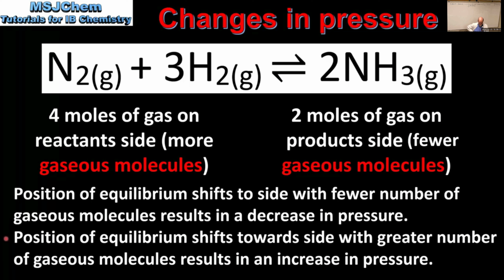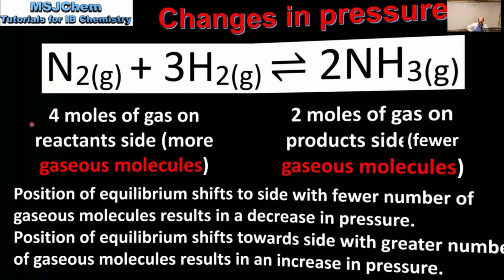And when the position of equilibrium shifts towards the side with a greater number of gaseous molecules, this results in an increase in pressure. So when we make predictions about in which direction the position of equilibrium will shift for changes in pressure, we need to consider the number of gaseous molecules in the reactants and products.